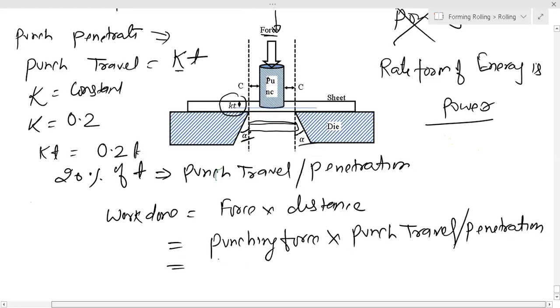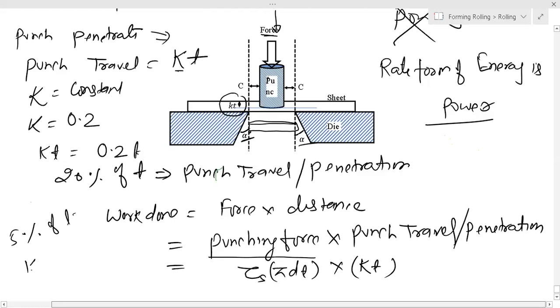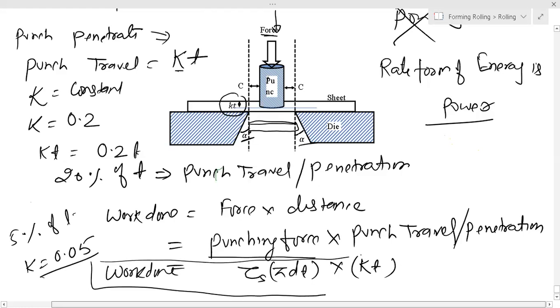This is your punching force, tau s pi dt, into kt. KT is your punch travel. So generally K will be given, or 5% of T. It means K is 0.05, right? So you can calculate work done. That is equal to tau s pi dt into kt.